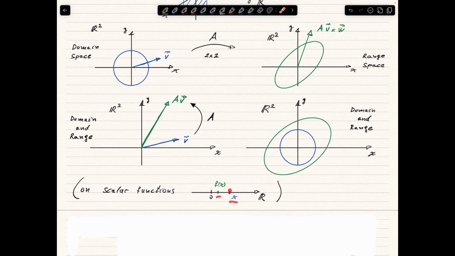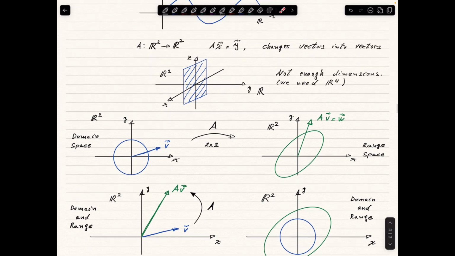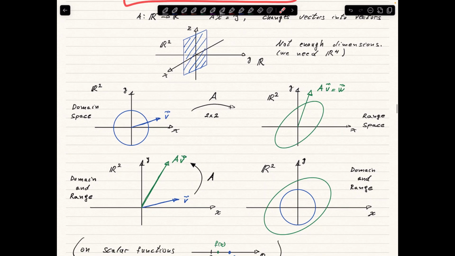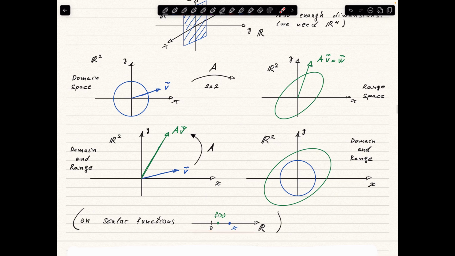This point is moved into that point by the action of the function f. But you see, it's very uncomfortable to do that, because we can do much better for scalar functions, but we cannot do better for matrix functions. So we need to do this type of graph to understand the geometrical meaning of a matrix as a function.